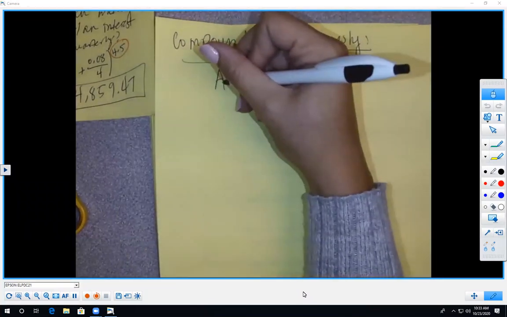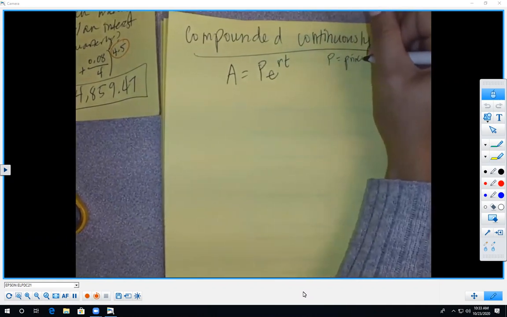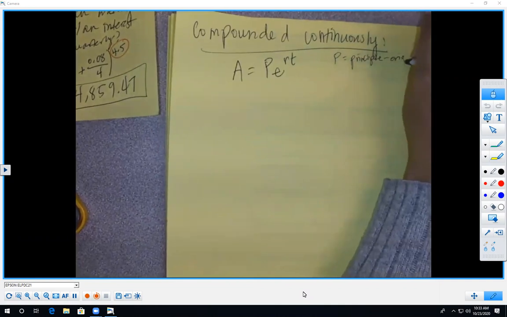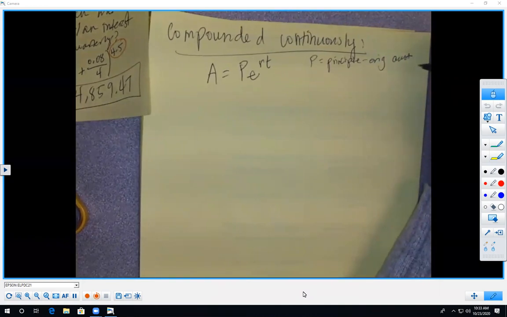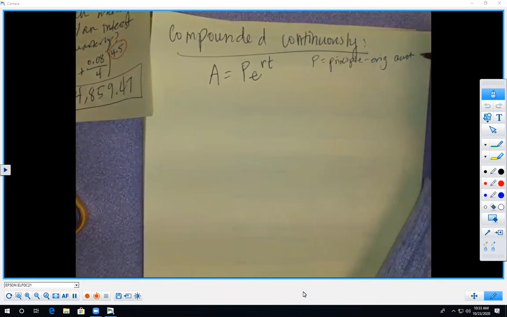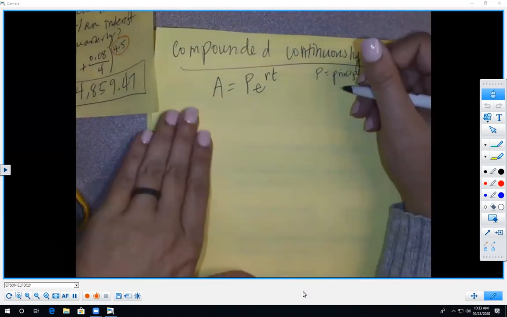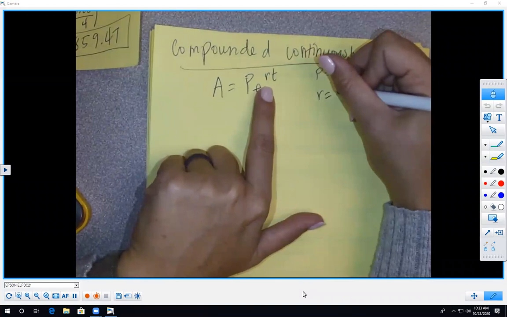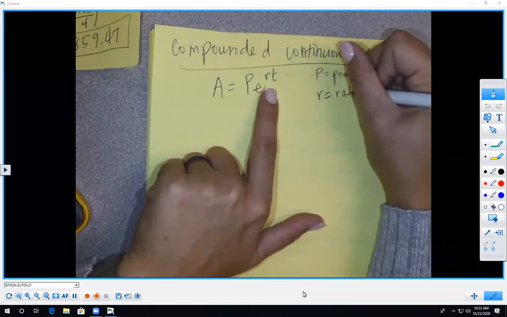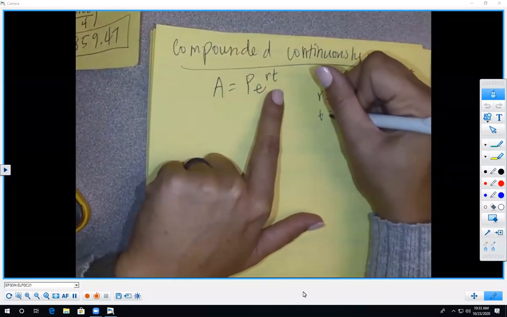A is still your final amount. P is still your principal or your original amount. E, what is E? It's a number, Euler's number, right? 2.71828, blah, blah, blah. So E is just a number that you're putting in your calculator. What's r? The rate, again, turn your percent into a decimal. And t is your time in years.